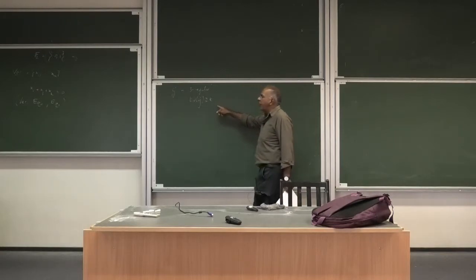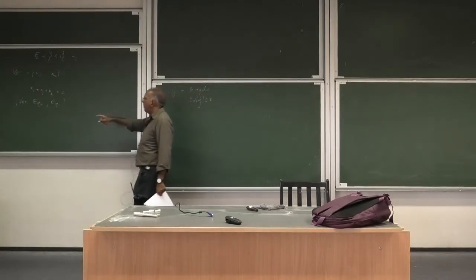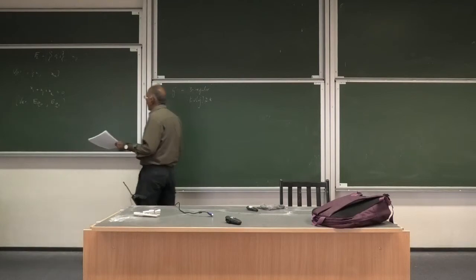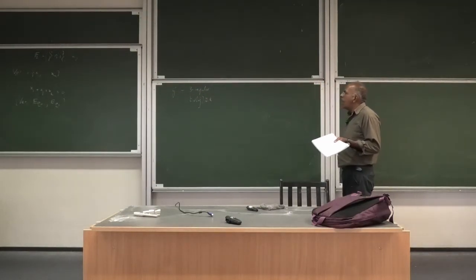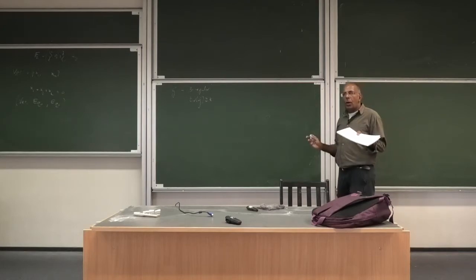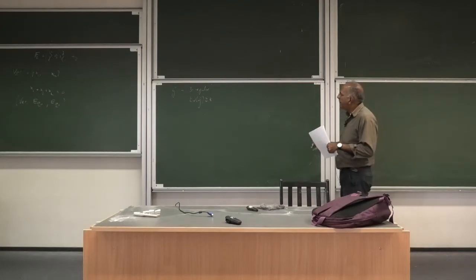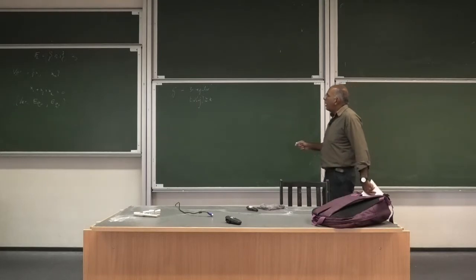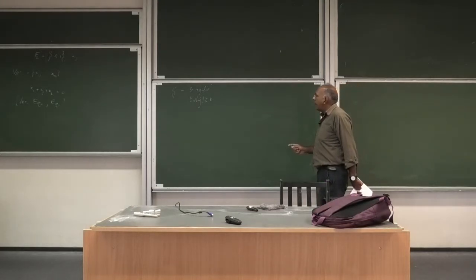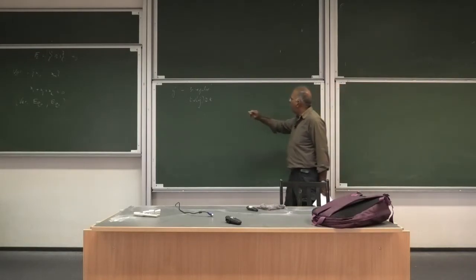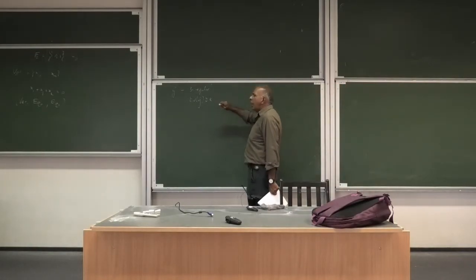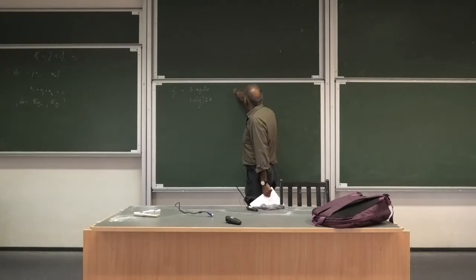Now I'm going to define from this a system of equations. Well, I'm going to define 2 different systems of equations. But let me start with what I'll call EG.